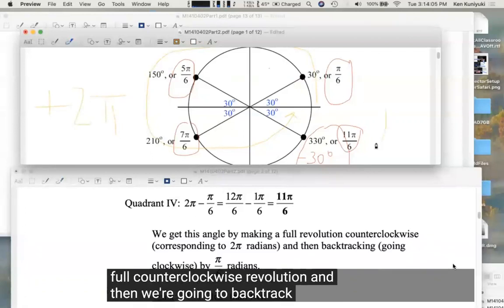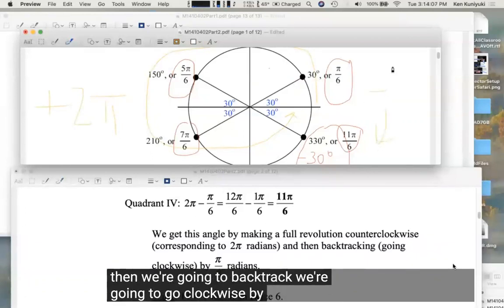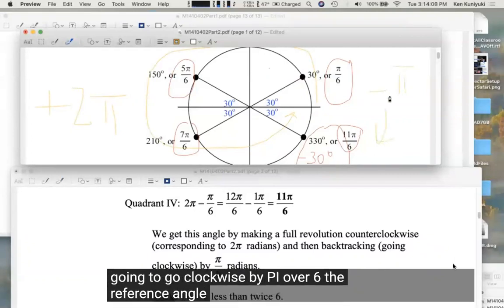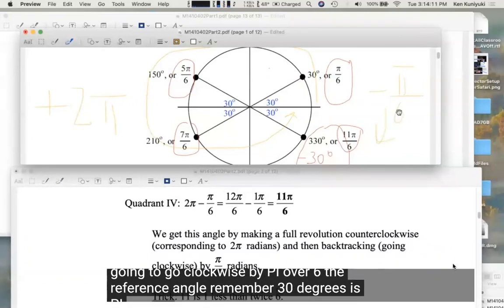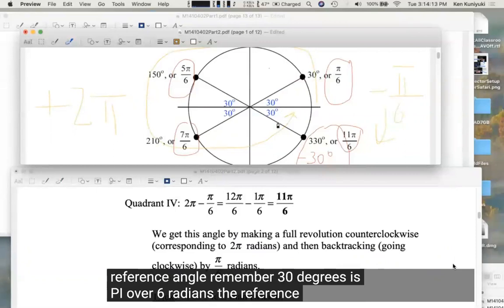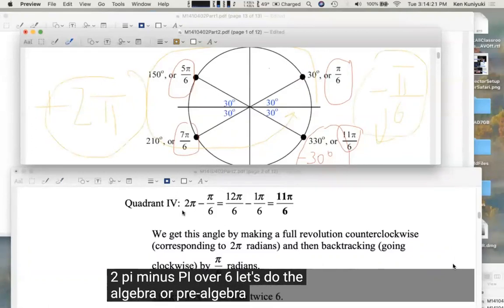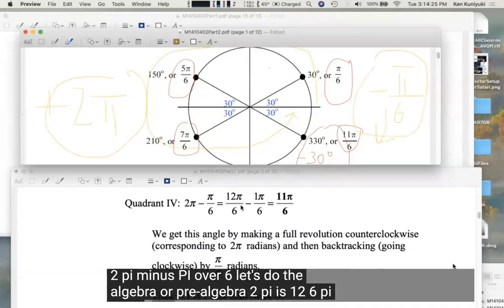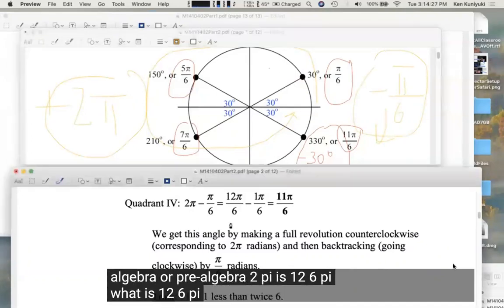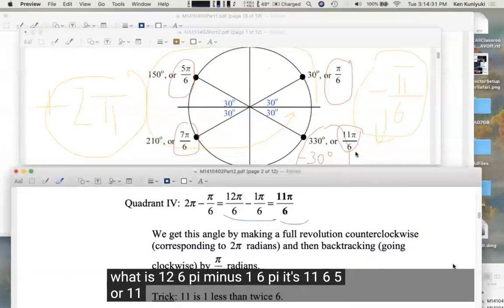And then we're going to backtrack. We're going to go clockwise by pi over 6, the reference angle. Remember, 30 degrees is pi over 6 radians. What is 2 pi minus pi over 6? Let's do the pre-algebra. 2 pi is 12/6 pi. What is 12/6 pi minus 1/6 pi? It's 11/6 pi, or 11 pi over 6.